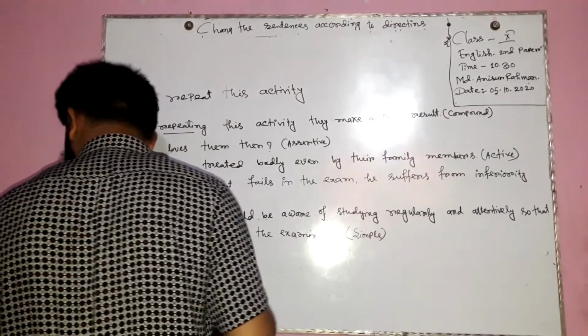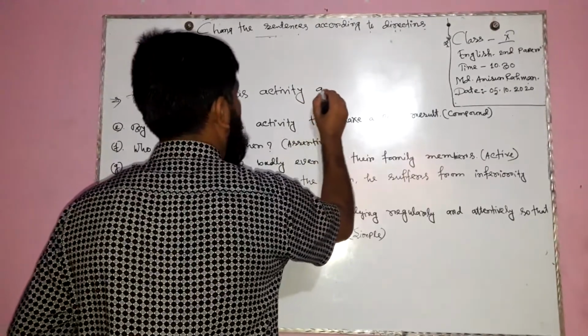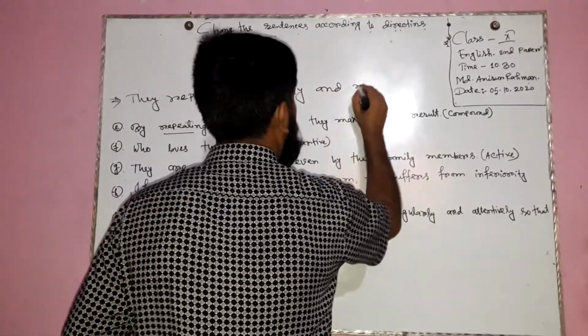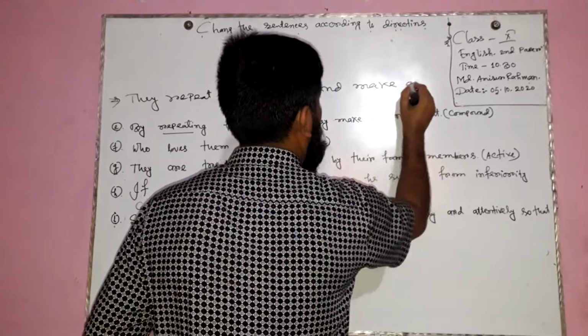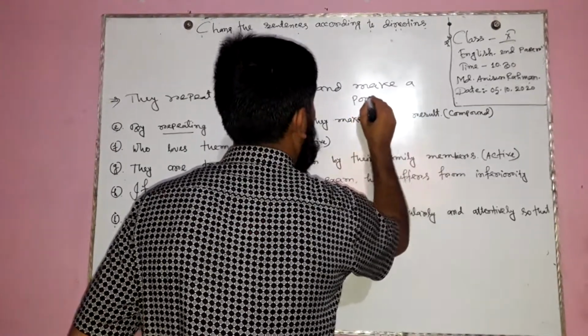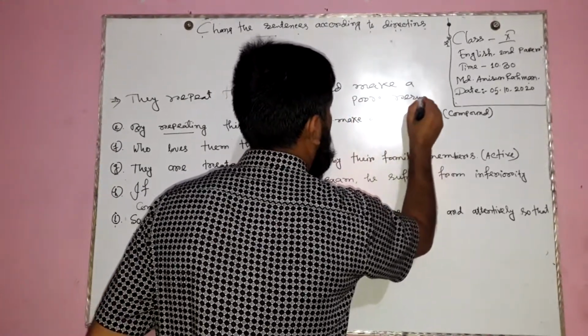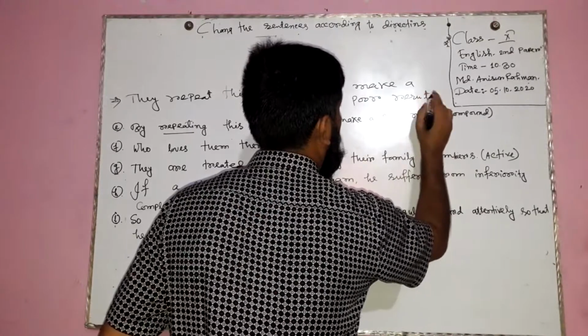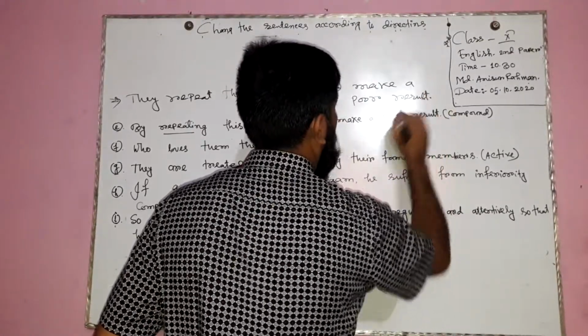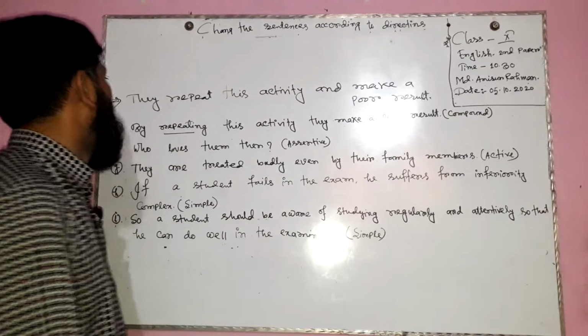They repeat this activity and make a poor result. So also turn into compound.